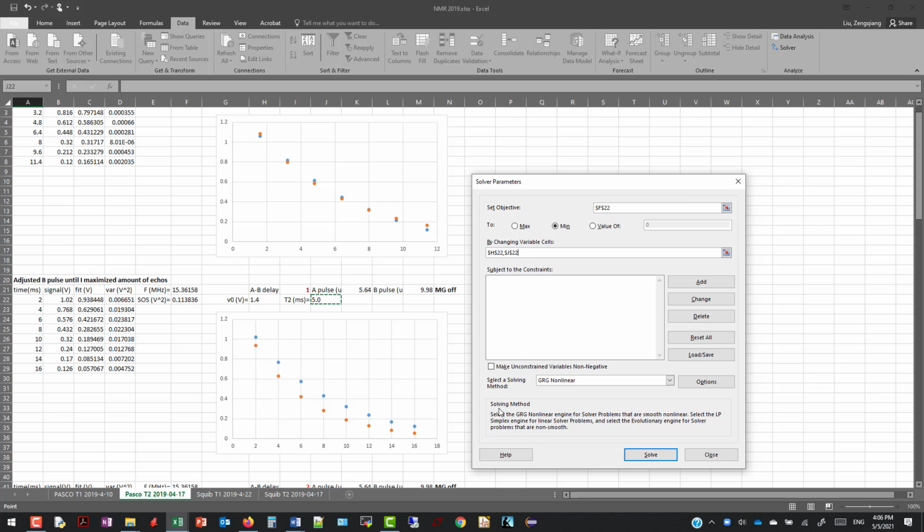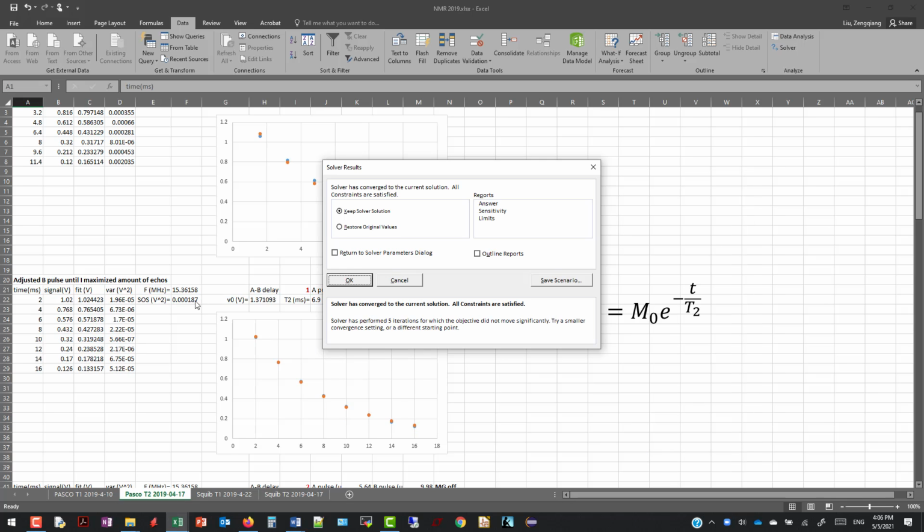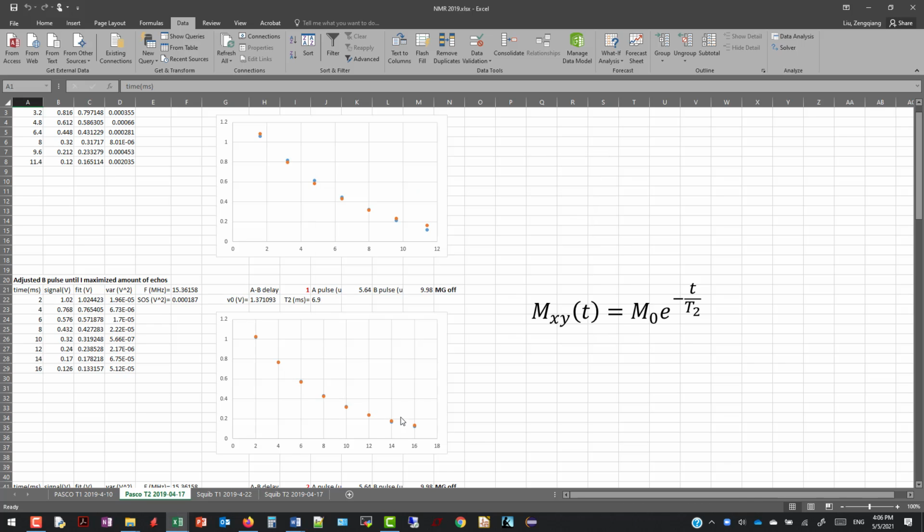Remember our SOS is 0.11, so after solving it has gone down to about 1,000th of the original value, so that gets you the T2.